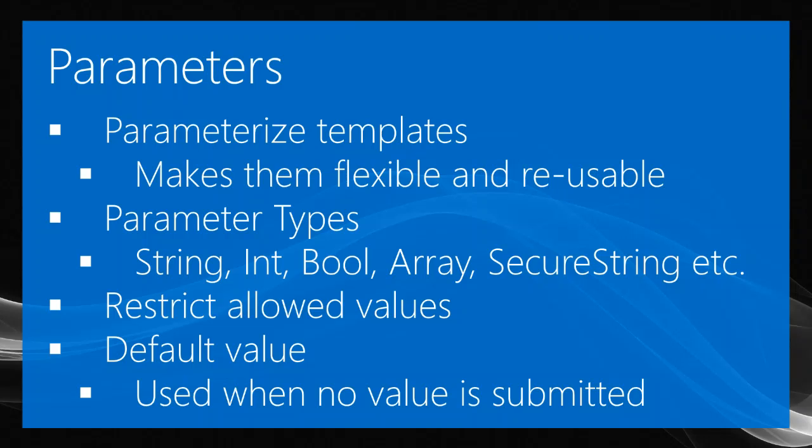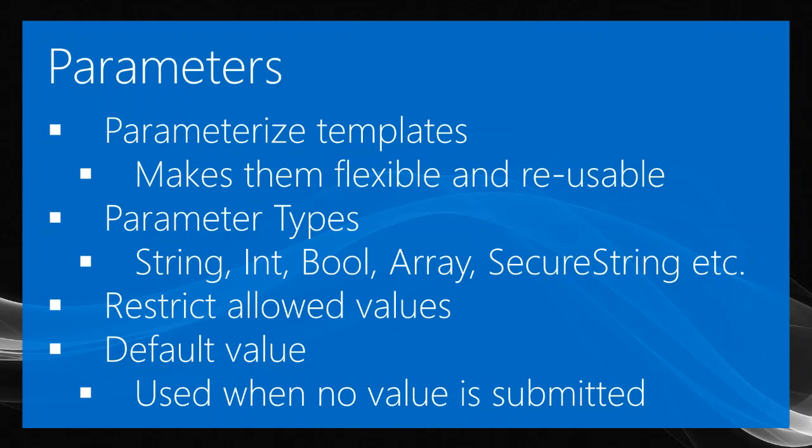Now, what you can also do is restrict allowed values, which means that for some specific parameters, you want to restrict the values that someone can actually submit. And this is normally done when you have to submit specific values that the Azure platform can actually understand.